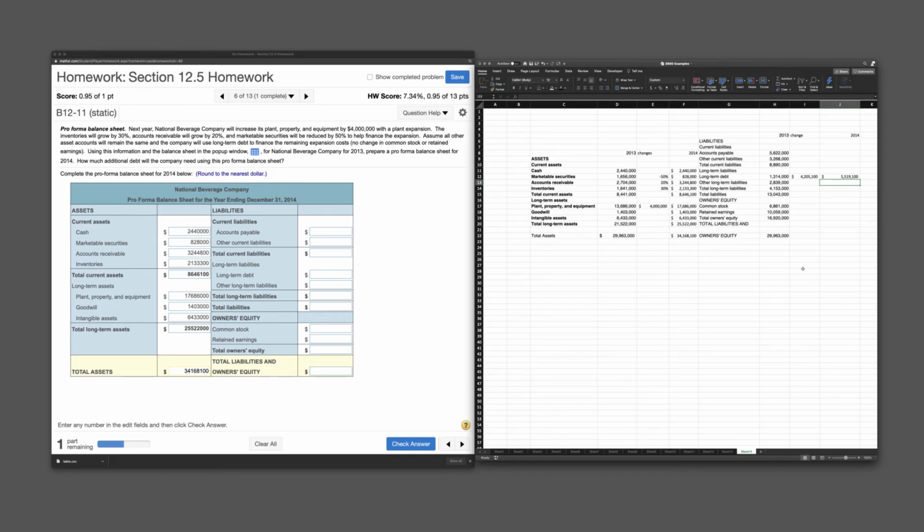So we know it's all in long-term debt. Oh, not multiplying, we are adding. Okay, wonderful. So other than that, we should be able to move over our accounts payable. Those should all equal the same. Okay, so the only increase will be in our total long-term liabilities.